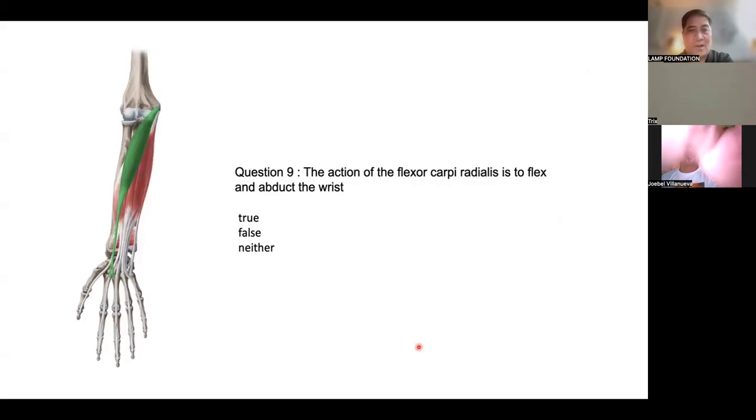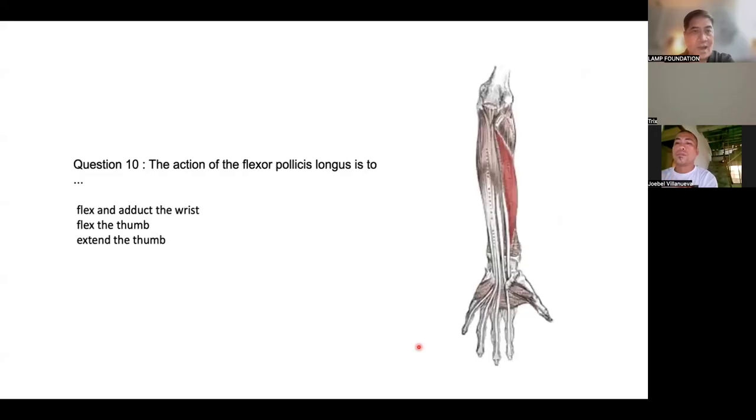Action of the flexor carpi radialis is to flex and abduct the wrist. True or false? True. Action of flexor pollicis longus? Answer, Sir Joe Bell. Anong action ng flexor pollicis longus?